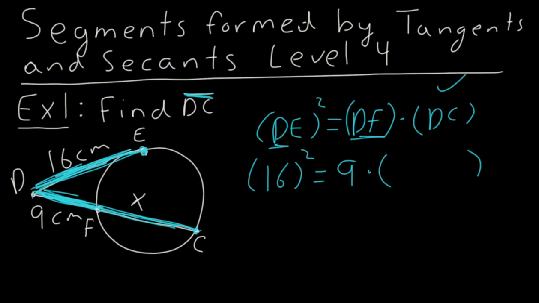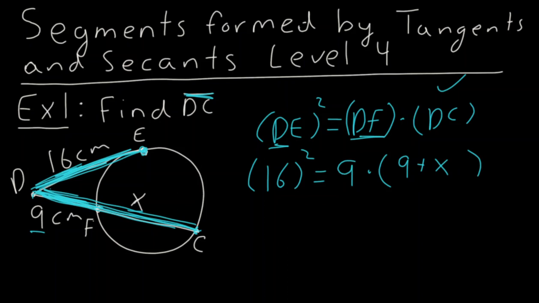We want to know what the whole line DC is. Well, when we know both segments, what do you have to do with both segments? That's correct. You have to add them up. So right here we have 9, we have X, and we'll simply write 9 plus X. I think this setup is the most difficult, but once you do this, it's pretty straightforward.